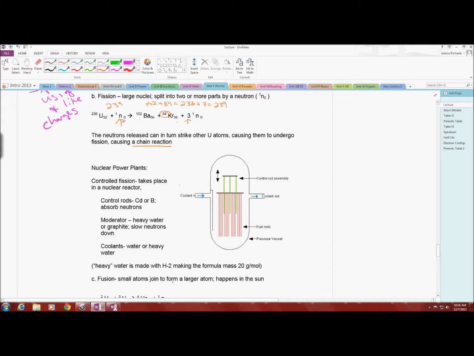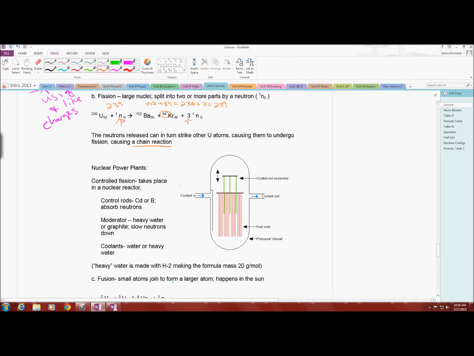This is the reaction that happens in a uranium bomb. So in a nuclear explosion, this is what happens. The neutron gets shot in, and the chain reaction goes uncontrolled, producing huge amounts of energy very, very quickly until the neutrons are going too fast. The uranium fuel doesn't get all used up. The neutrons just start going too fast for the reaction to happen.